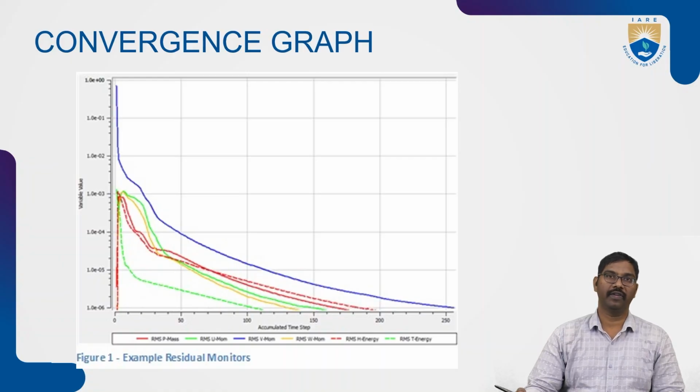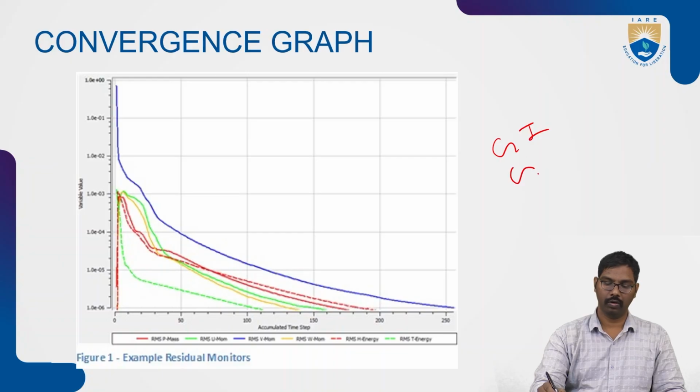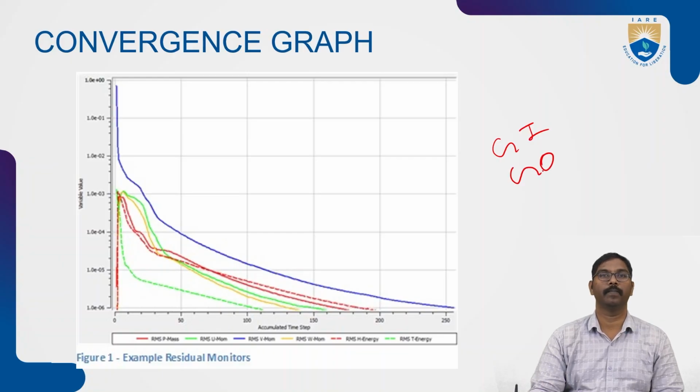If you are giving some input, definitely it will give you some output, but that input should be correct to get your exact output. If you are giving some garbage input, you are going to get garbage output only. CFD is considered as computational fluid dynamics, but some people say it is colorful dynamics because it gives you the results in different colors.